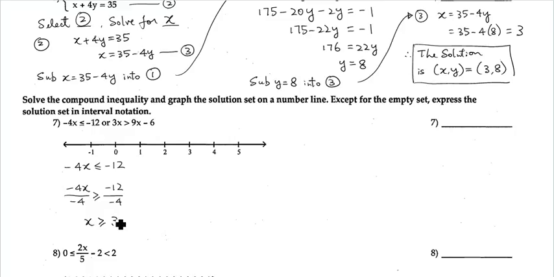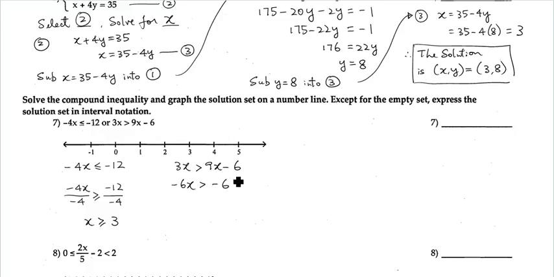That is one inequality. There is another one. We have 3x greater than 9x minus 6. So we minus 9x on both sides. So we got negative 6x greater than negative 6.